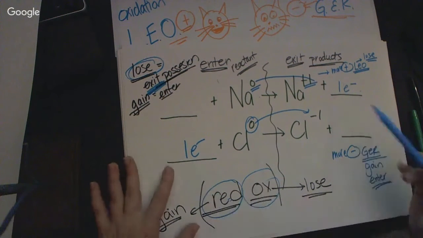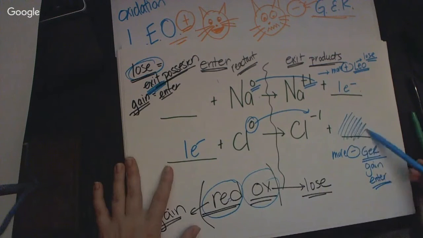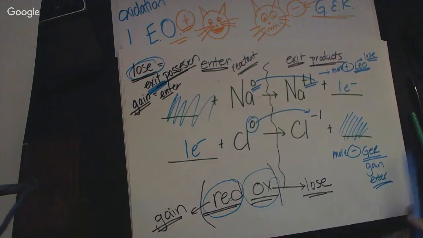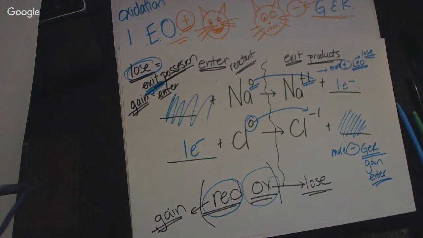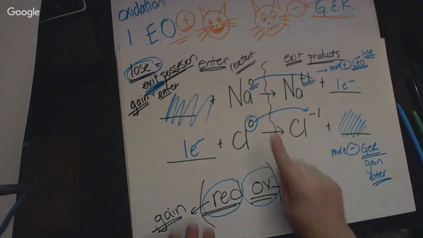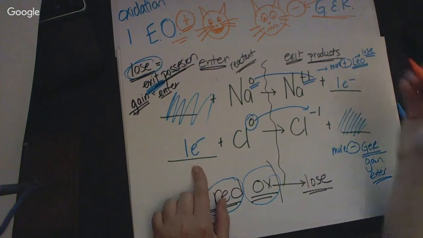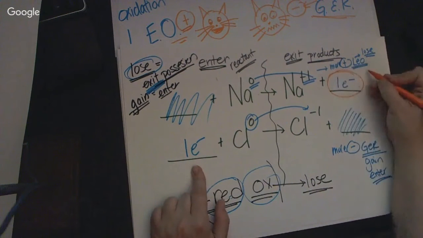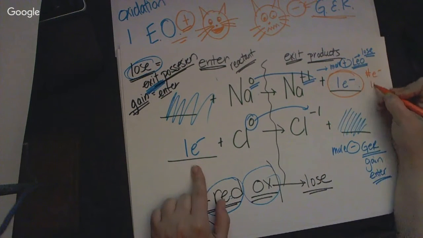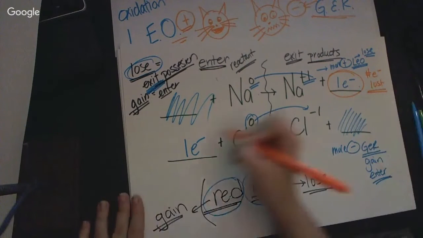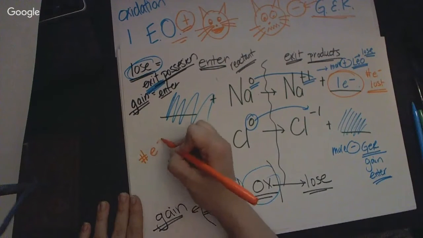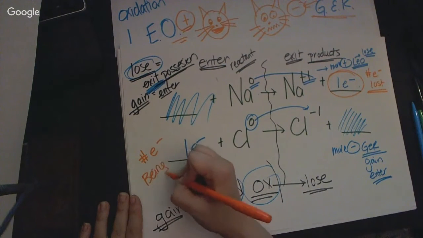So when I finally balance this out, I just do a little shade, get rid of it because it doesn't belong there, but at the same time, it is showing me that somebody is losing and somebody is gaining. Now, this is actually balanced in terms of redox because the number of electrons that are being lost is equal to the number of electrons that are being gained.